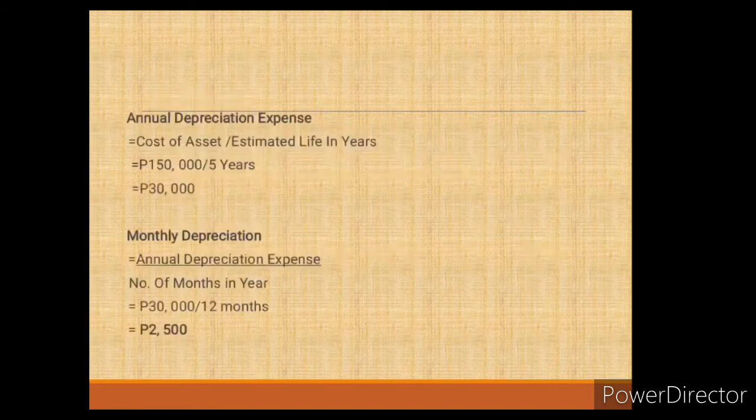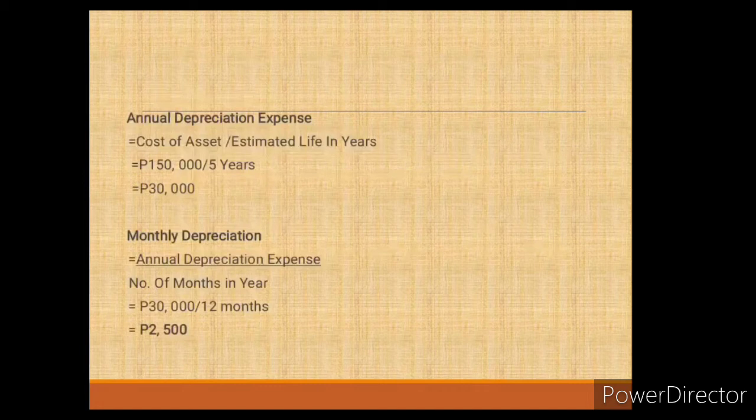Solution. First step is to get the annual depreciation expense, which is cost of asset divided by estimated life in years. So the cost of asset, 150,000, divided by 5 years is equal to 30,000. Therefore, ang ating annual depreciation expense is 30,000.